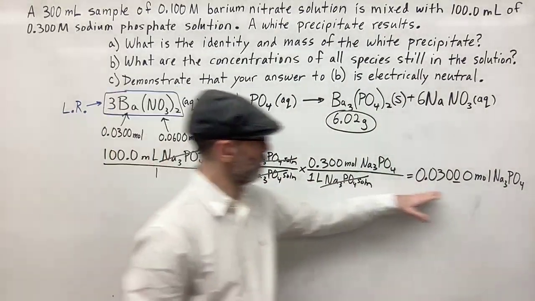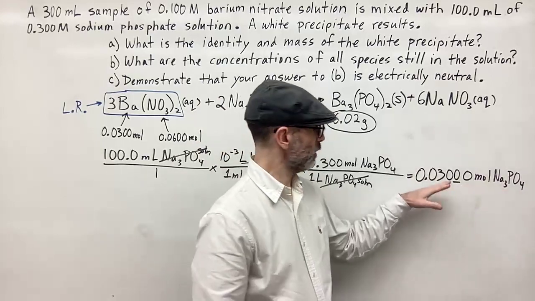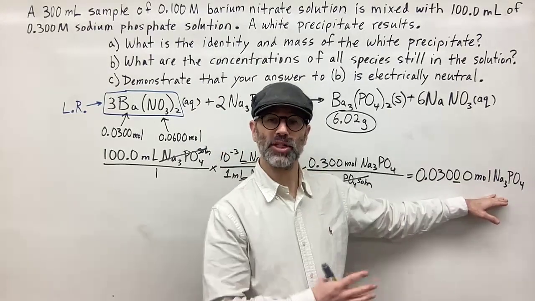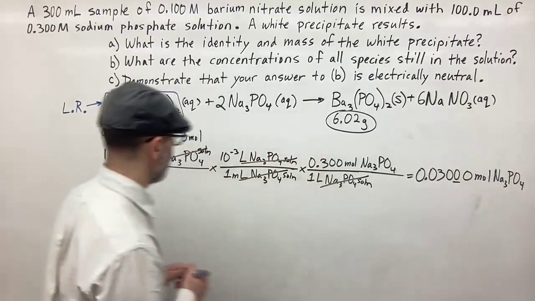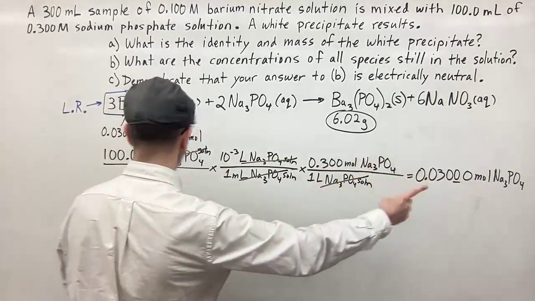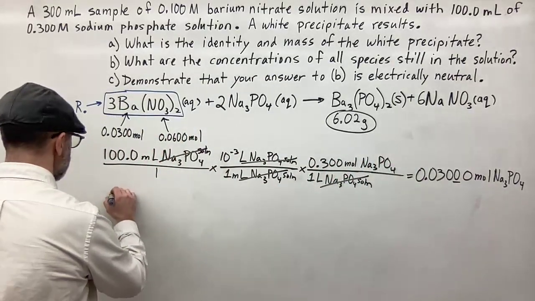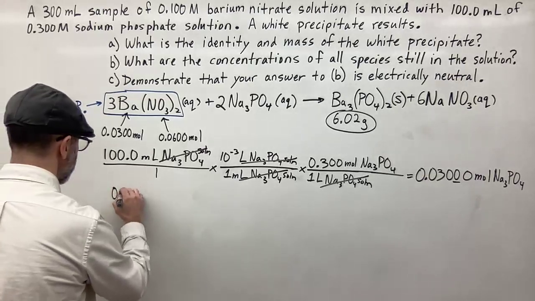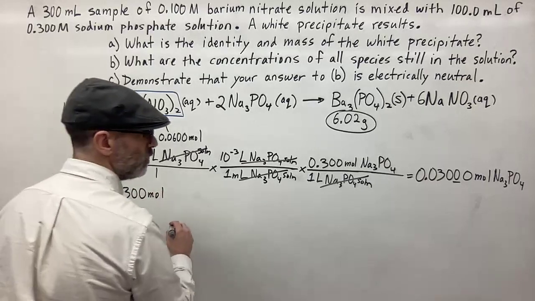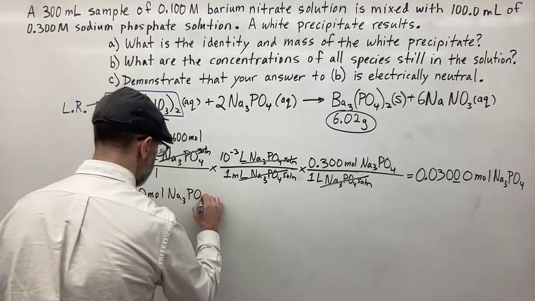So once again, we have moles of the sodium phosphate that we began with. So we're going to convert this now to moles of the ions that we started with before the reaction. So again, I'm going to take the mole ratio from the formula and convert that to moles of each ion. So I have 0.300 moles of the Na3PO4.